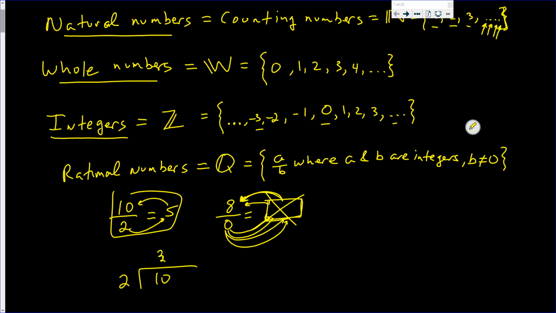Let's try 3. 2 times 3, 6, is less than 10. Maybe we can do 4. 2 times 4 is 8, that's not bigger than 10. Let's try 5. 2 times 5 is 10. Oh, that's the one.